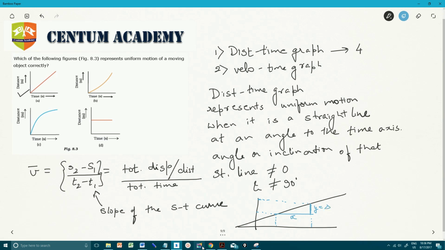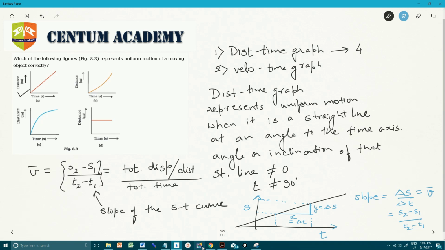This y is nothing but delta s and this x is nothing but delta t, where this is the time axis and this is the displacement or distance axis. So slope is nothing but delta s by delta t, which is nothing but s2 minus s1 by t2 minus t1. Now slope of the straight line always remains constant. So this delta s by delta t is also average velocity. Average velocity remains constant since the slope is constant. So if average velocity is constant throughout the motion, that means it is moving with constant velocity. So hence in this case option A is correct.